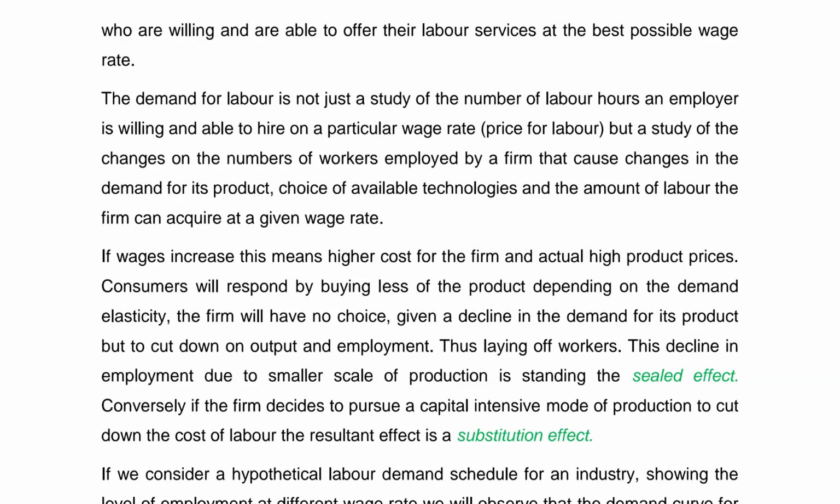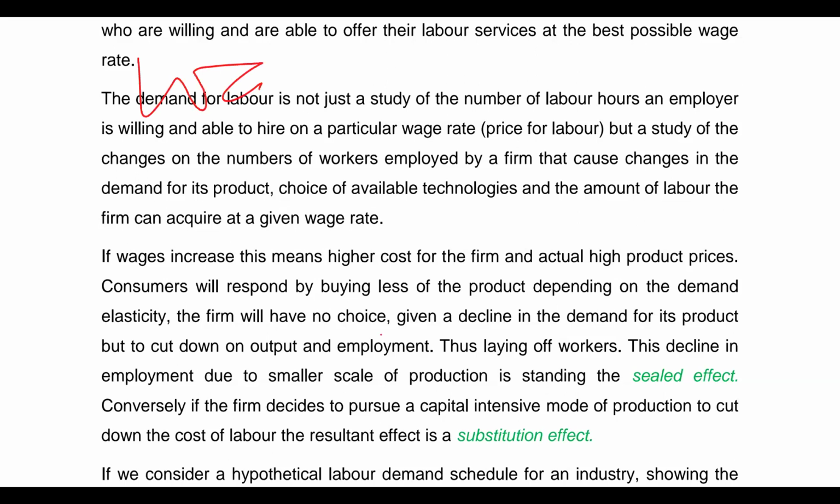If the wage rate increases, there will be a higher cost on the part of the firm. If you increase the wage rate, the cost of labor, as far as the firm is concerned, will be very high. It will be expensive to hire labor. Because of this, the firms will try to reduce the quantities of labor they are getting, and as a result, they will start laying off some of the workers.